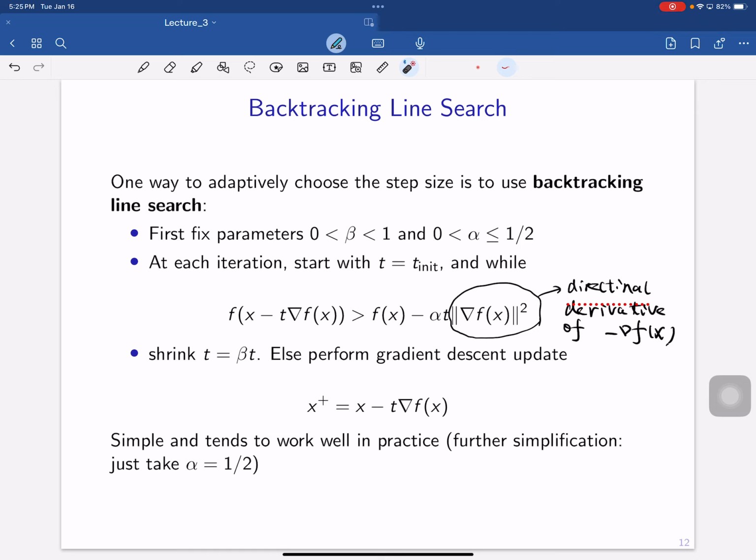As you said, by first order Taylor series expansion, you know that if the new point is close enough to the original point, you are guaranteed to decrease by the directional derivative, right? If you know that it is not sufficiently decreased by the directional derivative, you know you are stepping too far. And thus you should shrink the step size. That's the idea. Okay.